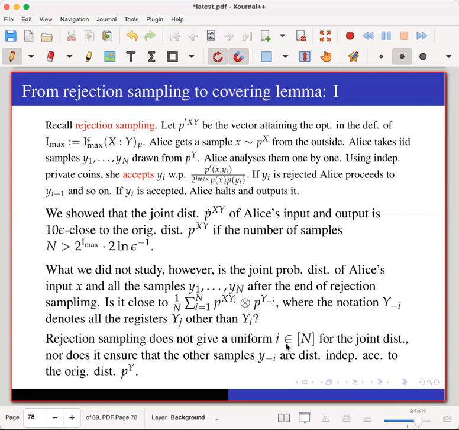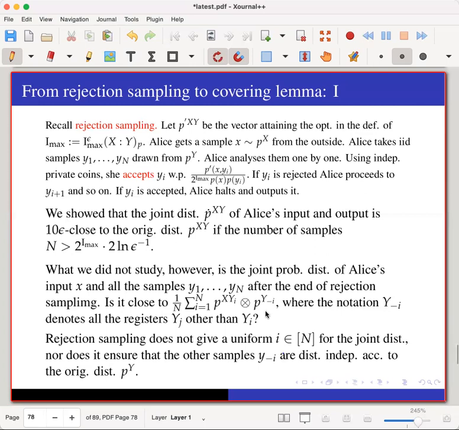Not quite. I'm just trying to parse this 1 by n. You're saying that if we accept y, then if I accept sample I, xyi should be very close to pxy. And the others should be. How do I even read this description which you have written? The question is, what about the others?